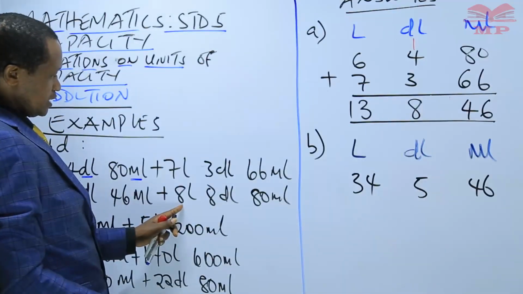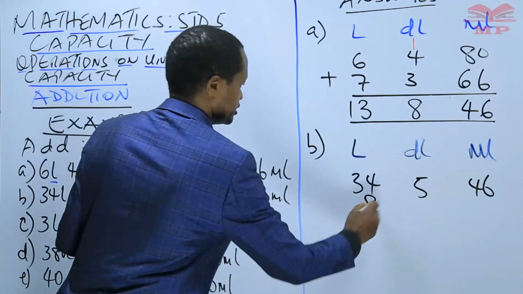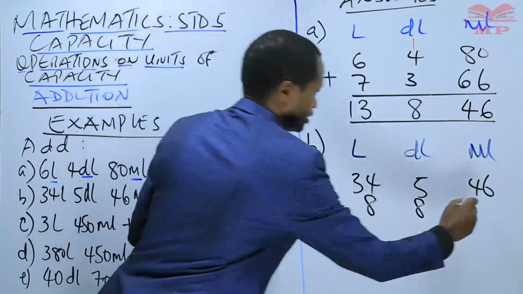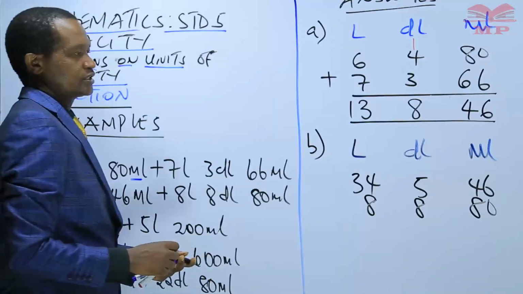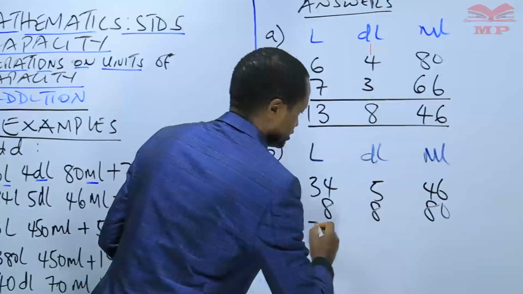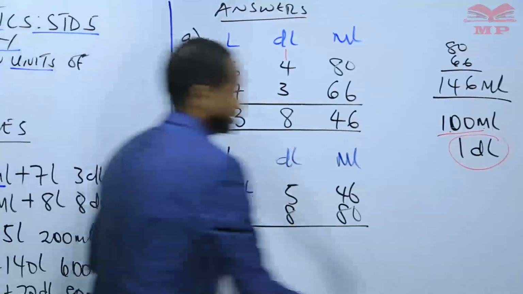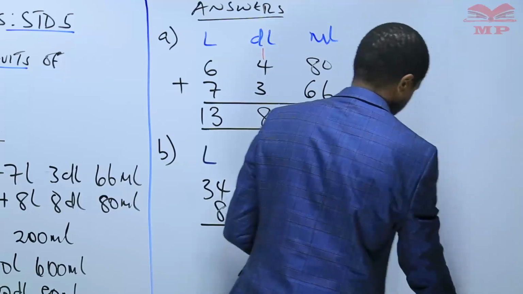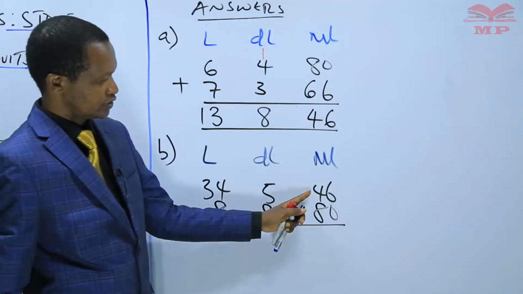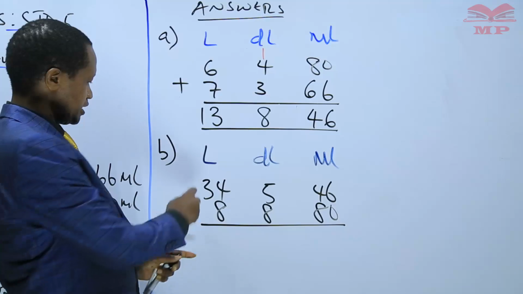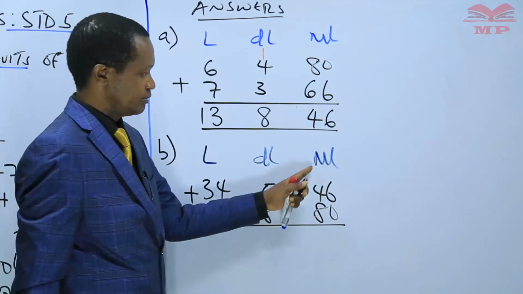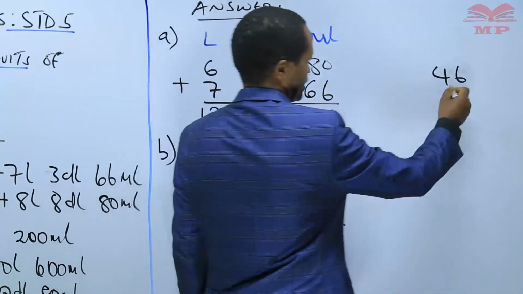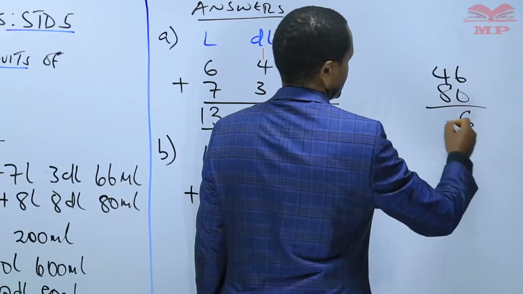We add 8 liters, 8 deciliters, 80 milliliters. We are going to add the milliliters first. 46 milliliters plus 80 milliliters, I have 6, 12.